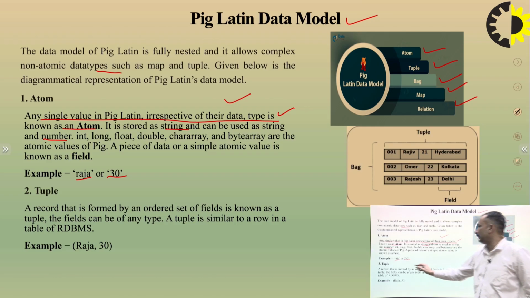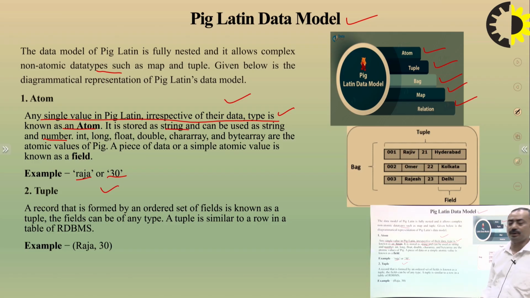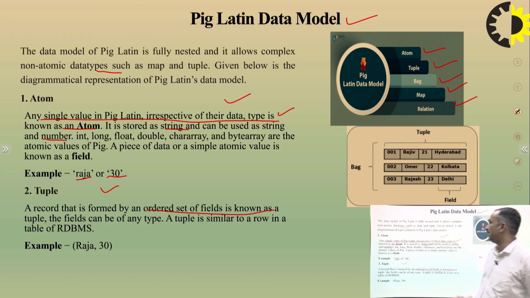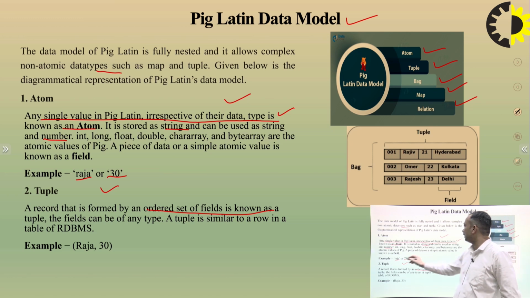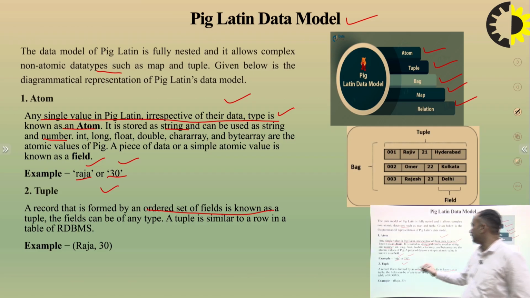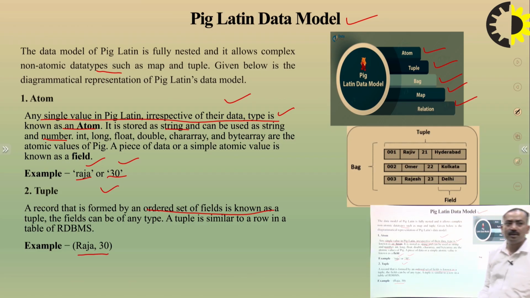Then we have tuple, a record that is formed by an ordered set of fields. So these are the fields. This is also a field, two different fields. And if we arrange these fields together in an order, this is called a tuple.